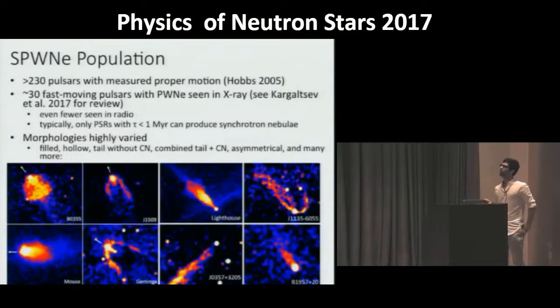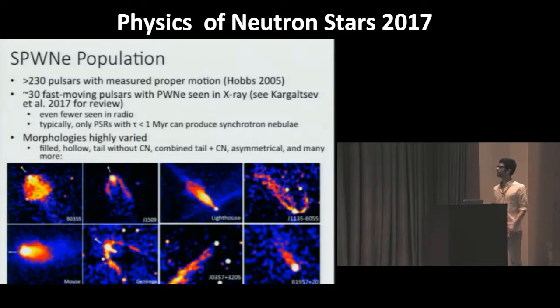There are now over 230 pulsars whose proper motions we've measured. There are about 30 fast-moving pulsars that have pulsar wind nebulae seen in X-rays. Fewer are seen in radio, and that's usually because only pulsars under 1 megayear have enough spin-down energy to produce nebulae.